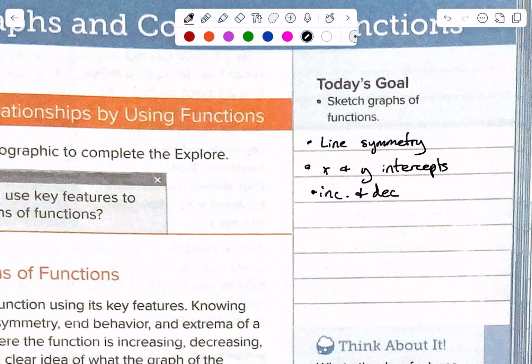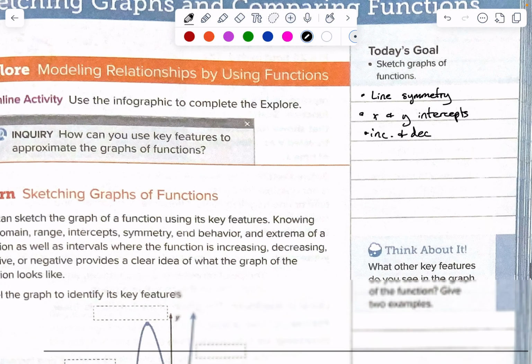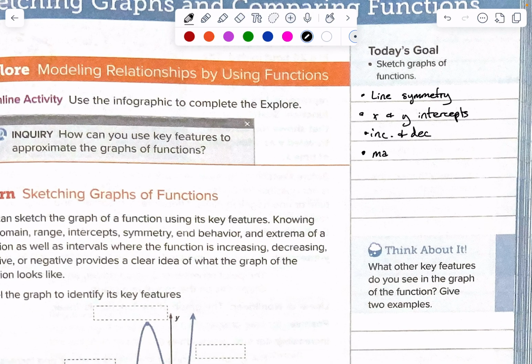We talked about maximums and minimums. I think that mostly is the main idea. Intercepts, domain and range. We talked about end behavior. Domain and range. So all of those things.